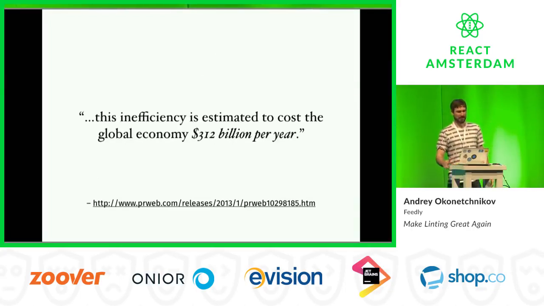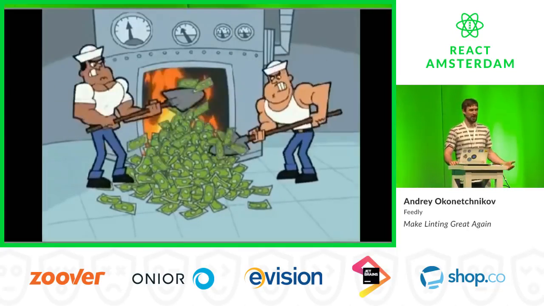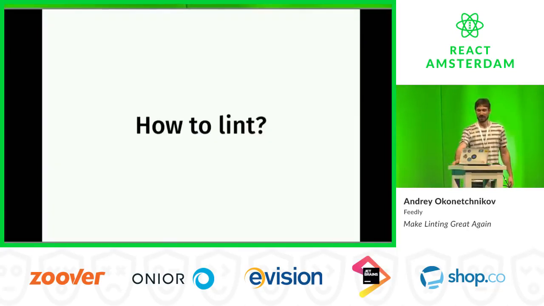So this is inefficiency. It's an estimated cost, but it's still a huge number. It's 312 billion a year. So if you can reduce the amount of these bugs, and if you don't lint, you're literally burning money.